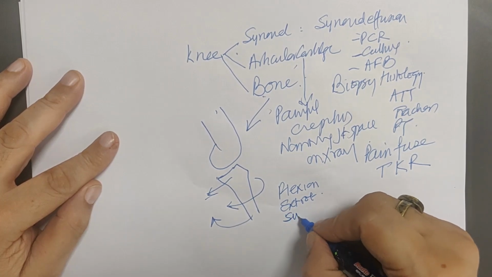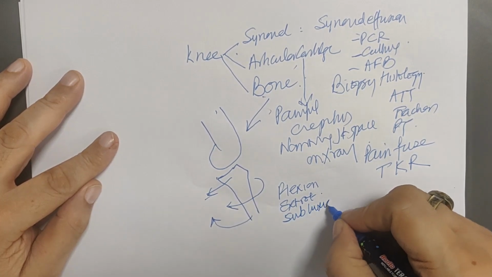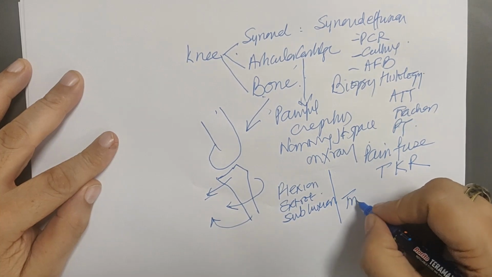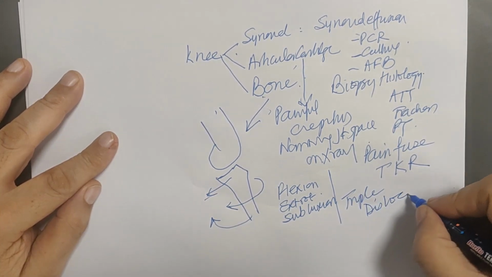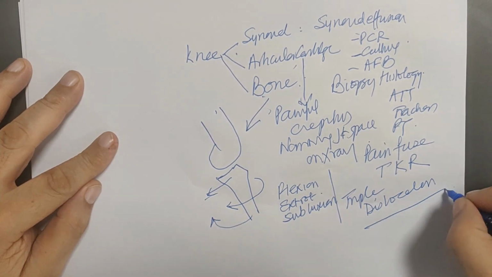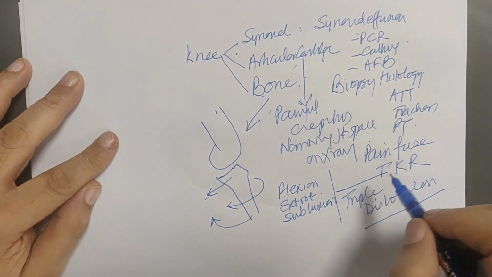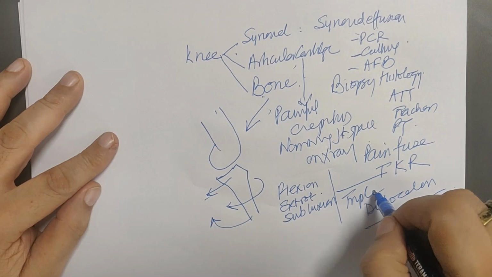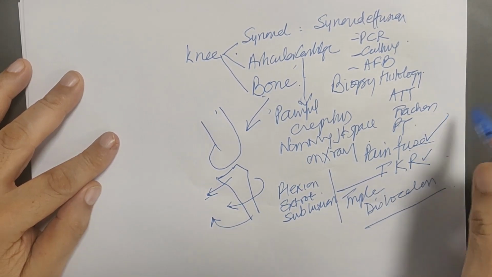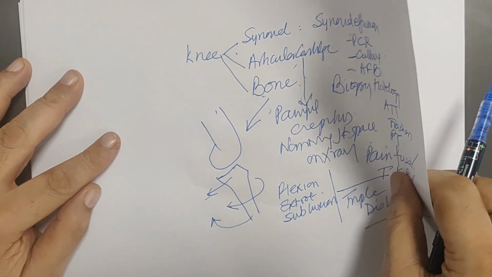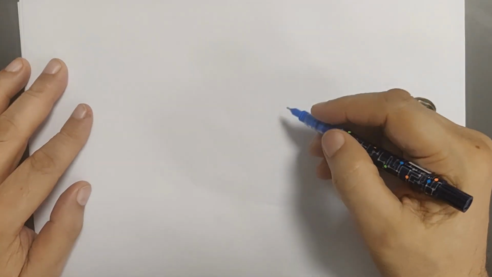That means subluxation. This is called triple dislocation or triple subluxation of knee. Again, if it is painful, you have to either fuse or do a total knee replacement. So this finishes the tuberculosis of spine, hip and knee.